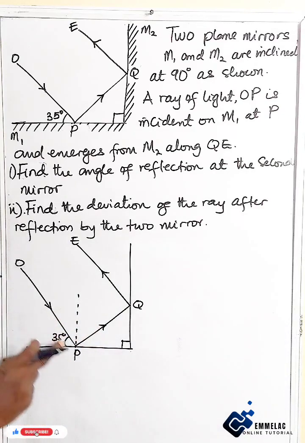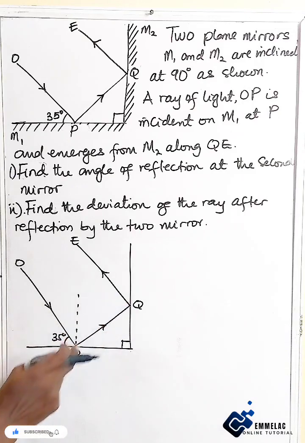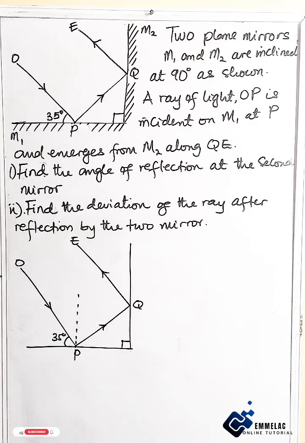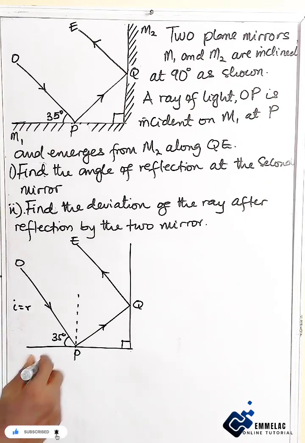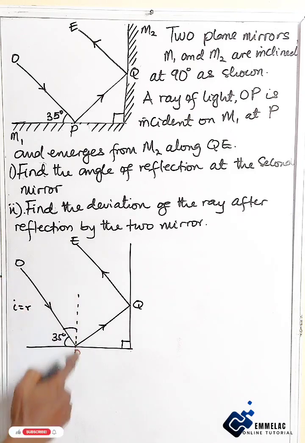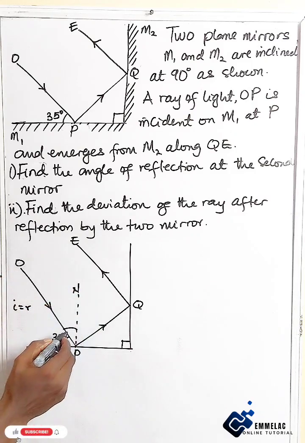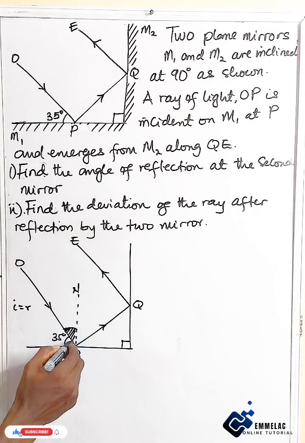Let us recall that according to the law of reflection, the angle of incidence equals the angle of reflection. The angle of incidence is the angle formed between the incident ray and the normal.